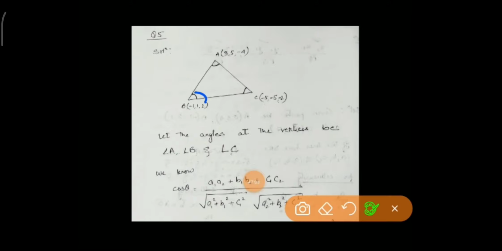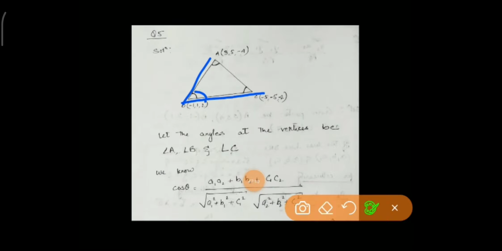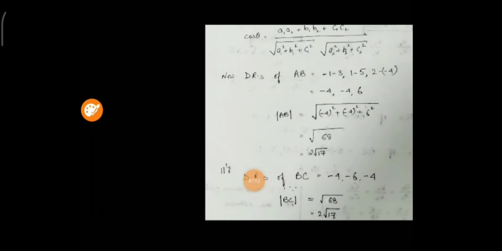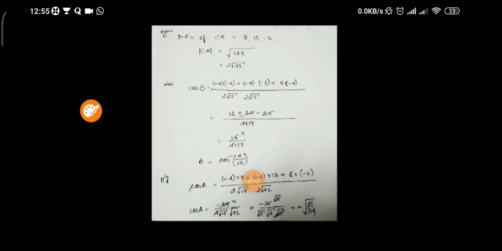Angle B is between AB and BC. So I will be using AB as A1, B1, C1, and BC as A2, B2, C2. So I have done here A1A2 plus B1B2 plus C1C2 divided by the square root of A1 square plus B1 square plus C1 square, times the square root of A2 square plus B2 square plus C2 square.